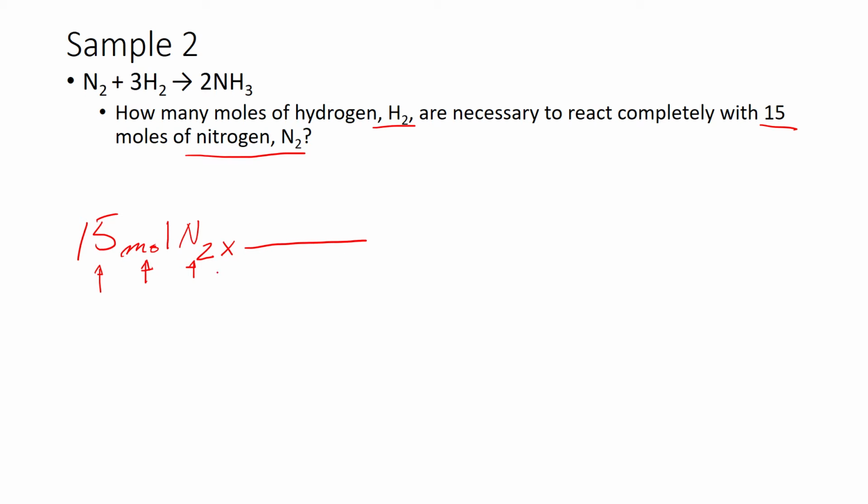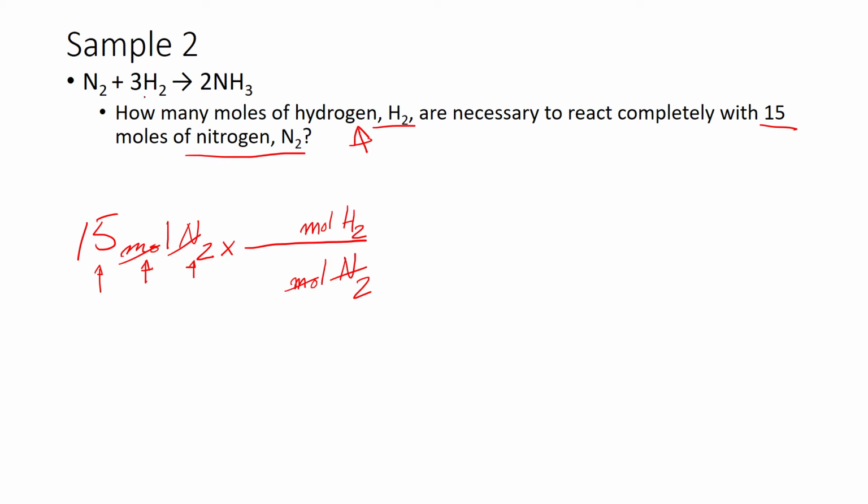So to get out of N2 gas, let's put moles of N2 on the bottom so they will cancel. And this problem wants us to go into hydrogen gas, so let's move into moles of hydrogen gas.